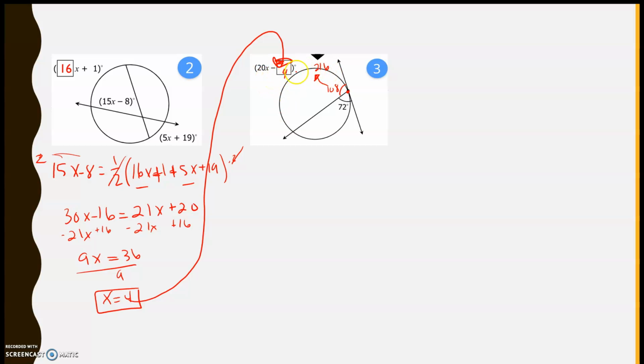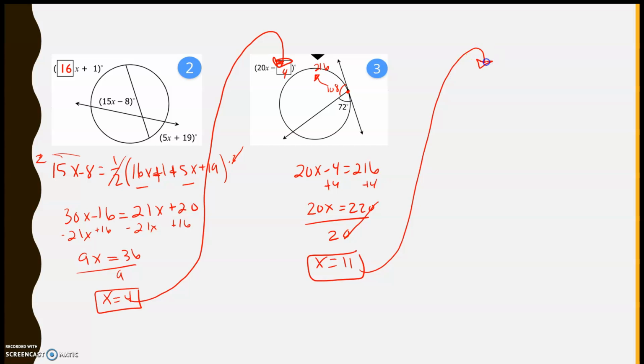So I'm just going to set these two values equal to one another. So I'm going to get 20x minus 4 is equal to 216. Adding 4 to both sides, I get 20x is equal to 220. Dividing both sides by 20, I get x is equal to 11. And 11 is going to be what you're going to put in for the answer of number 4.